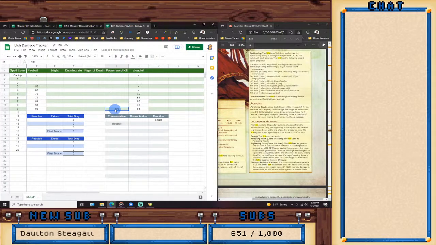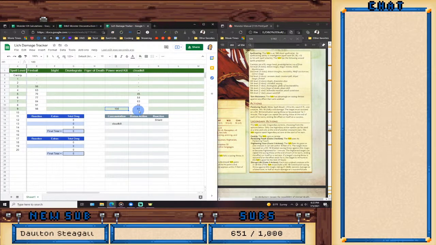So, sure, yeah. We could say, as combat is commencing, we could look around and figure out this player is probably going to be the weakest, and then use a Power Word Kill. That's if we don't use it otherwise.